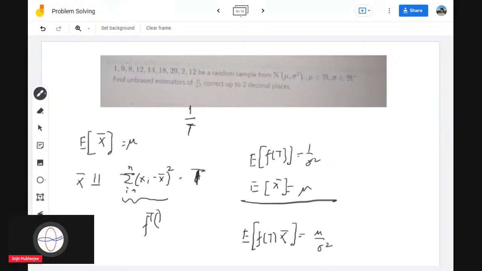I have not done the calculation. So how do you find 1 by t? Okay.